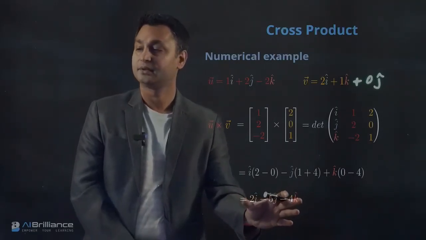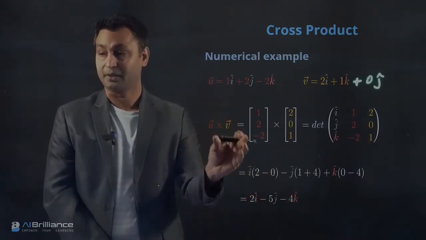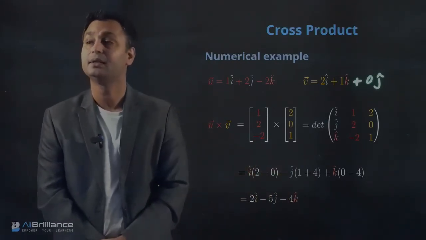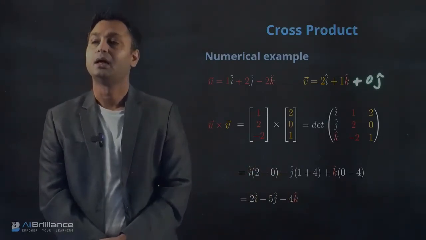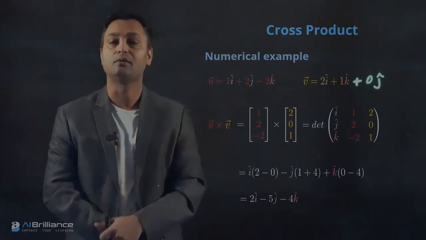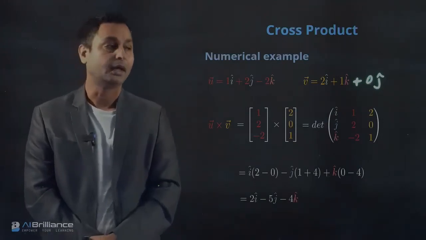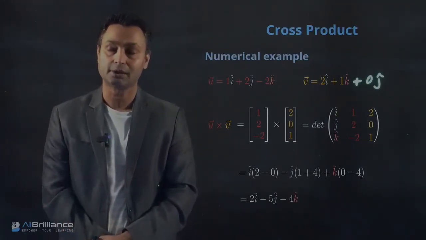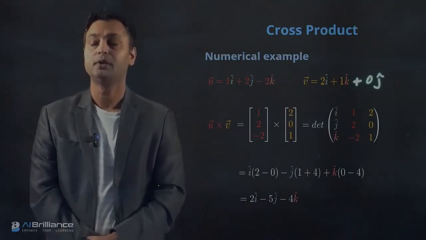And this is the cross product of U and V. Now note that this is a vector. It has a magnitude and it also has a direction. So this is an important concept with respect to the numerical implementation of the cross product of two vectors, and also some geometric intuition of what it means when we are taking the cross product of two different vectors.